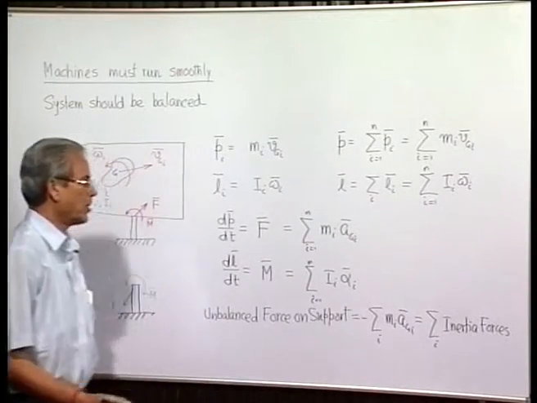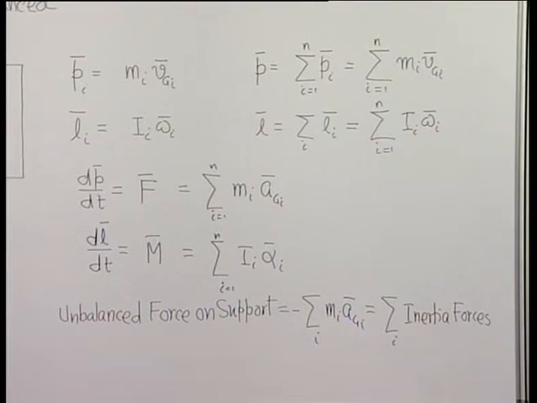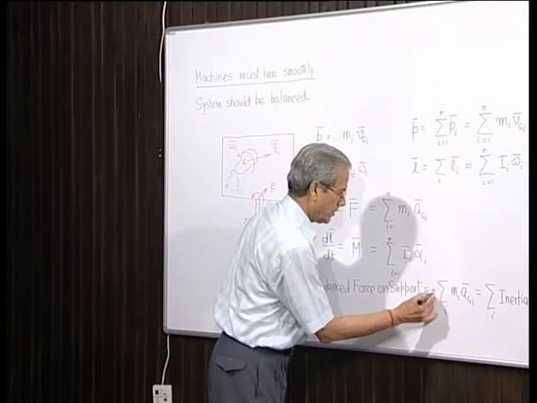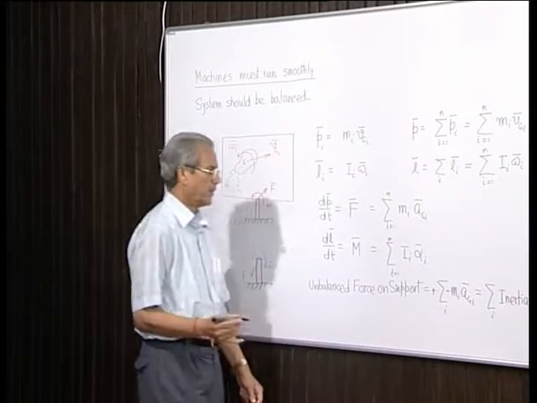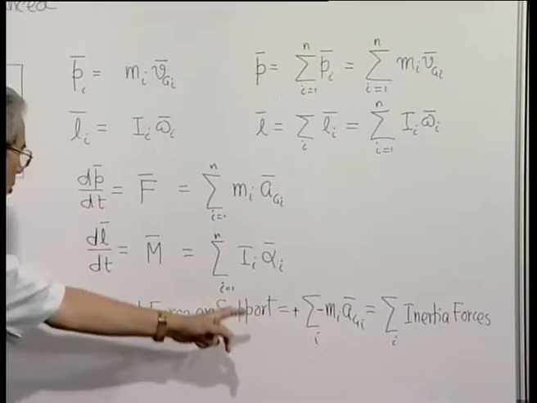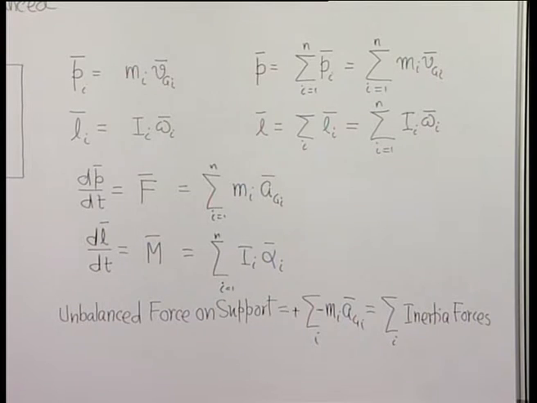So, the inertia force of the ith member, if you sum it over all the members i from 1 to n, that inertia force summed over the whole machine, then you will get the total unbalanced force which will be experienced by the support.